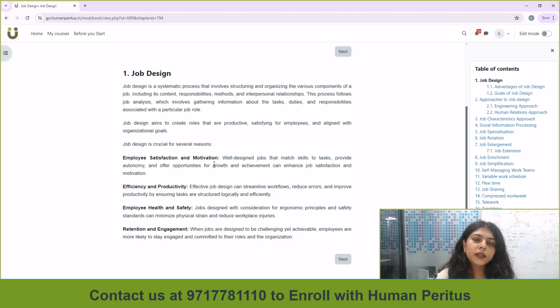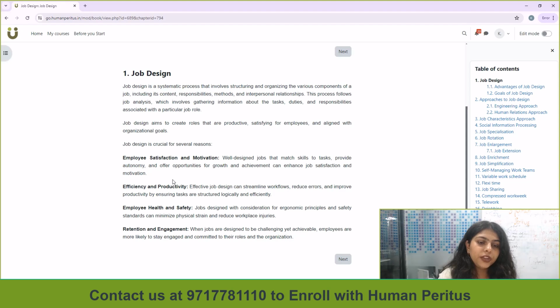It's because in job designing you have different approaches where you match a job to the employee's skill. Since things are put into perspective and happening in a structured, organized way, the employee satisfaction and motivation goes up because the employee now thinks that the company cares for them. So employee satisfaction and motivation, that is one.